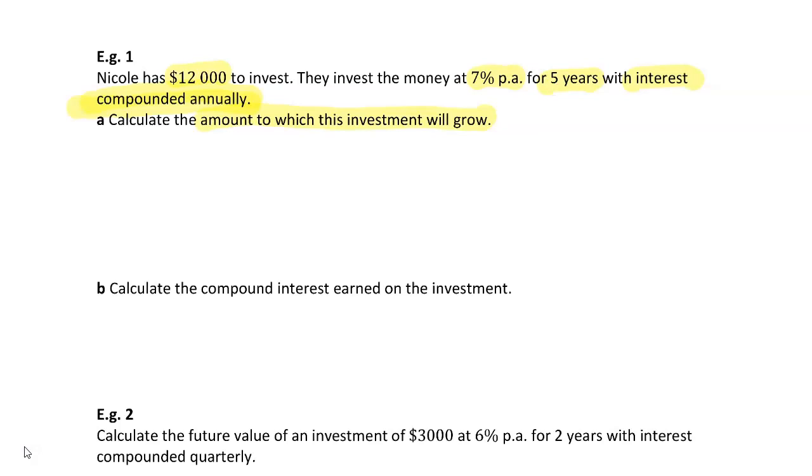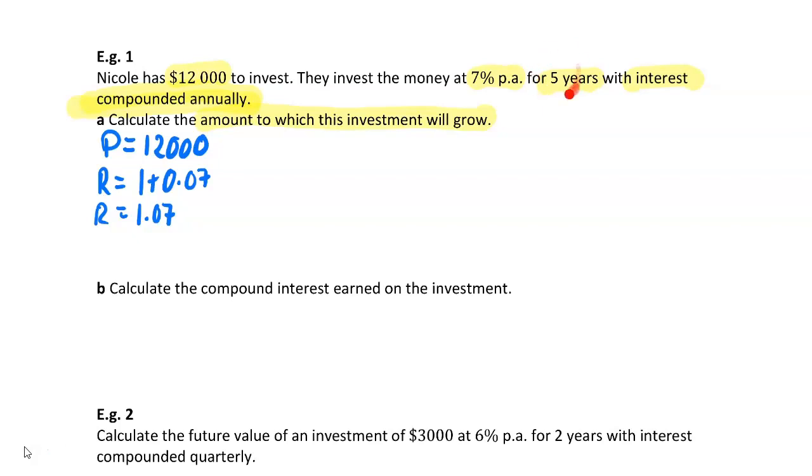All right, so our principal is 12,000. Our rate is 7%. So 1 plus 0.07. So our rate is 1.07.